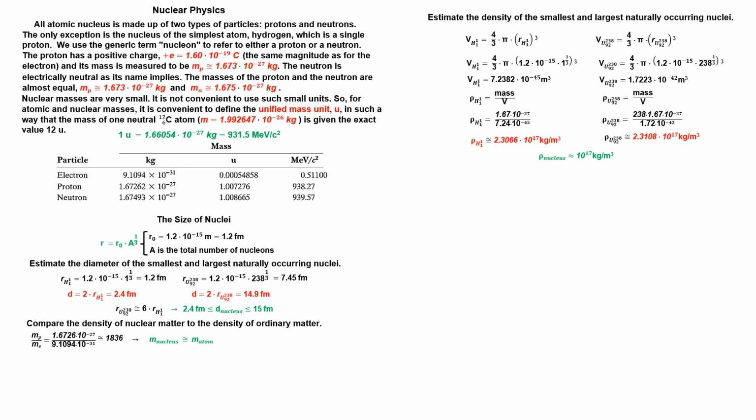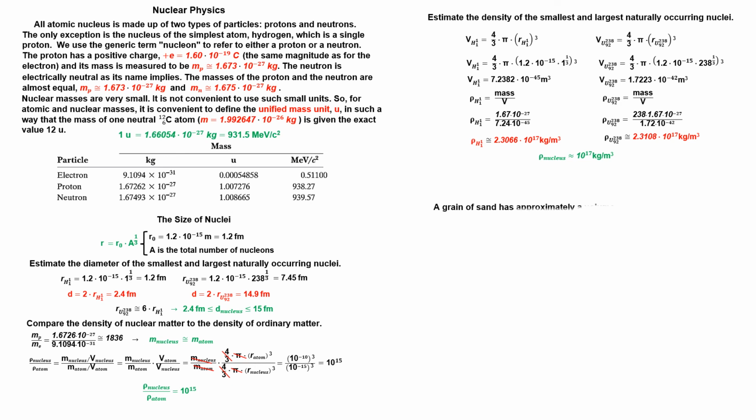We now find the ratio of nuclear density to atomic density. Atoms have a radius of about 10 to the power of minus 10 meters, and nuclei on the order of 1 Fermi. The nucleus is 10 to the power of 15 times denser than ordinary matter. This is a consequence of the fact that the nucleus occupies only a tiny fraction of the volume of an atom.